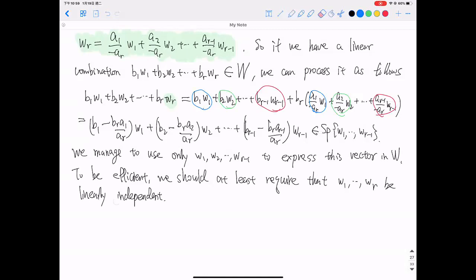That would certainly avoid this redundant use. That requirement will certainly avoid this redundancy. And that leads to the following definition.